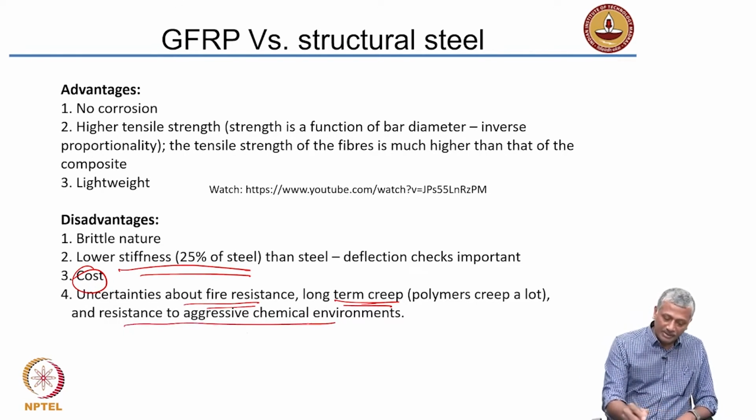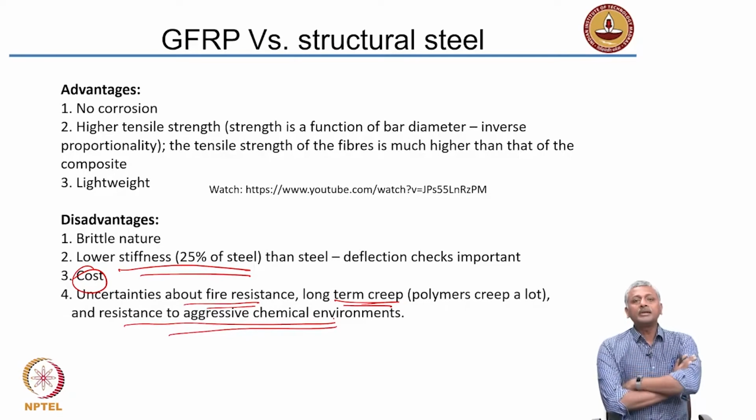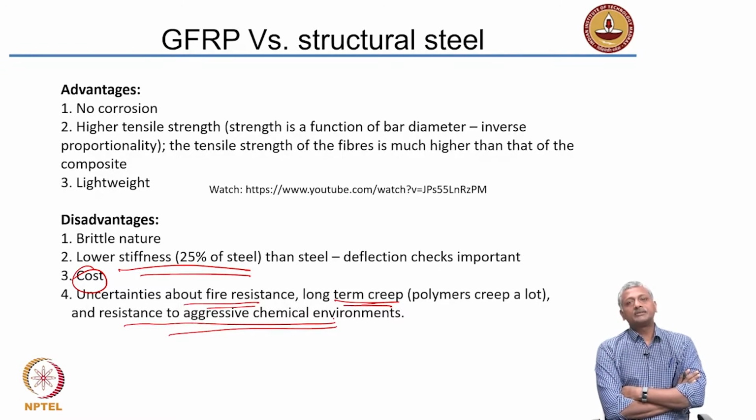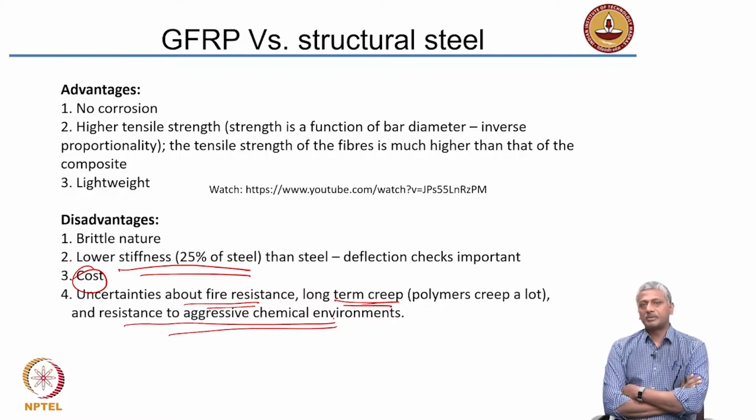And the problem mainly is that concrete, reinforced concrete is a highly aggressive chemical environment for the polymer, because as we talked about this earlier, the pH of cement paste or concrete is 12 to 13, very high levels of pH, highly alkaline pH. We do not know what will happen to the polymer in such high pH levels. Many polymers tend to degrade at such high pHs.